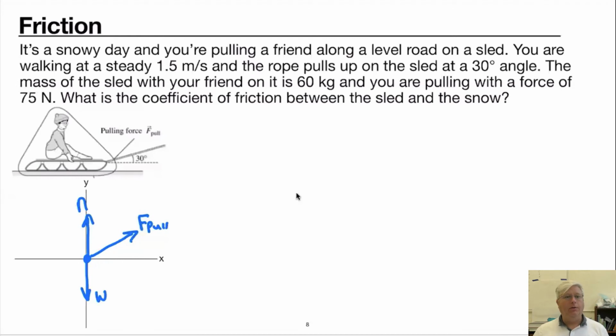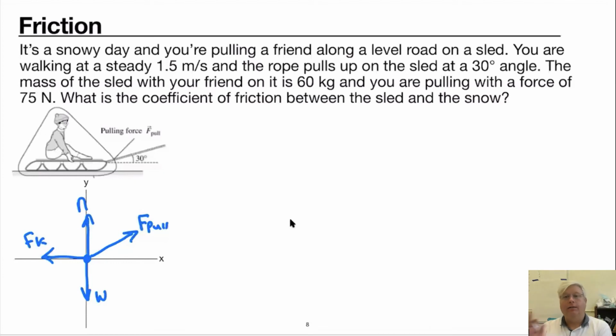And we're also told that we're walking at a steady 1.5 meters per second. So we know we're moving, so there's no static friction. So we know that this has to be kinetic friction. And that's going to hold back, opposite. Right?